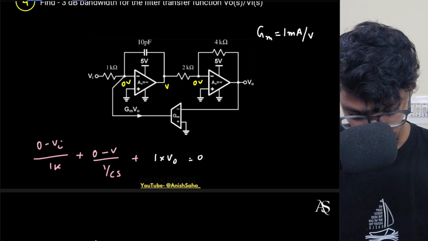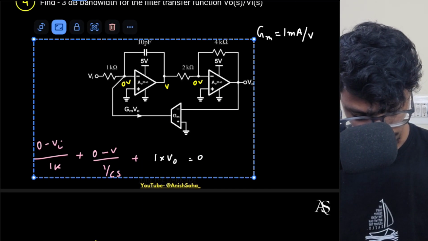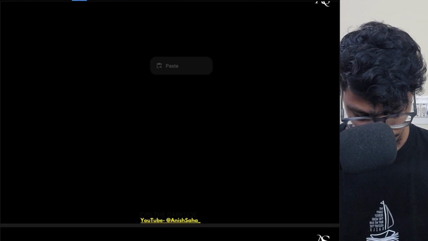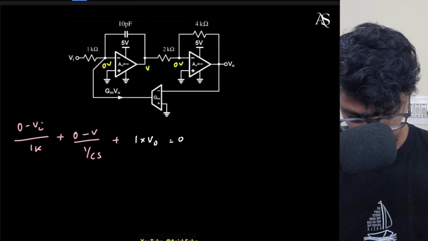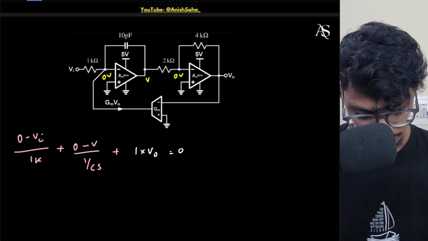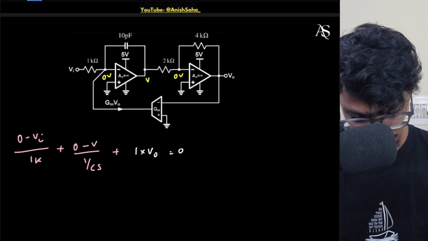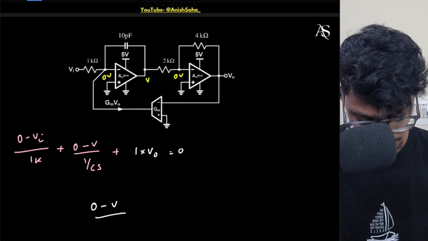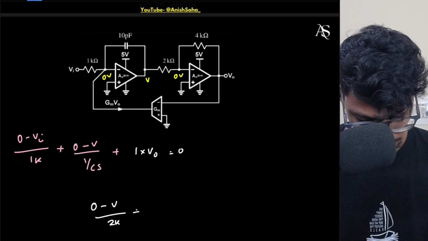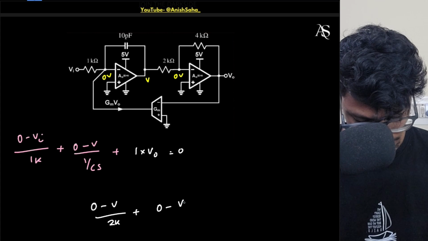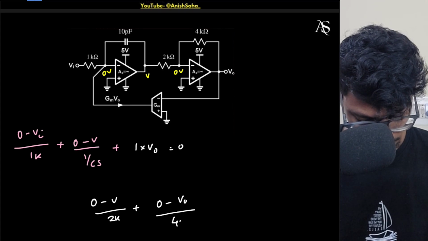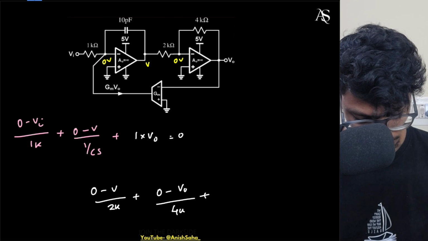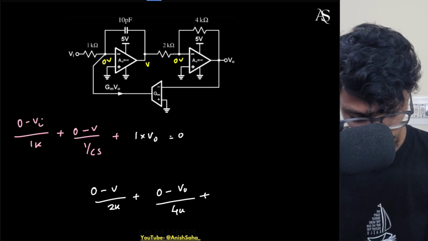Now I will copy this particular thing and take it to the next page. What about the other equation? The other equation will be this, right? KCL at this node. Again it will be 0 minus V divided by 2 kilo plus 0 minus V0 divided by 4 kilo plus, yeah, these two nodes are only there, right?